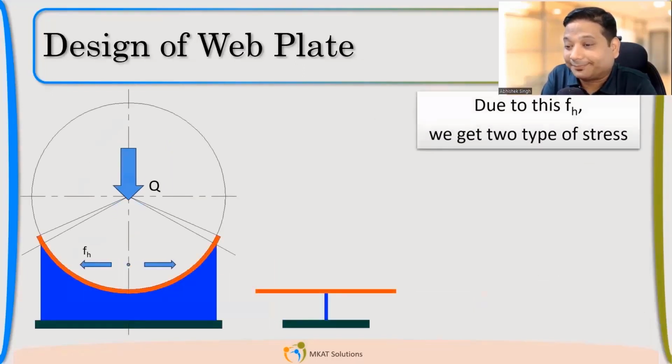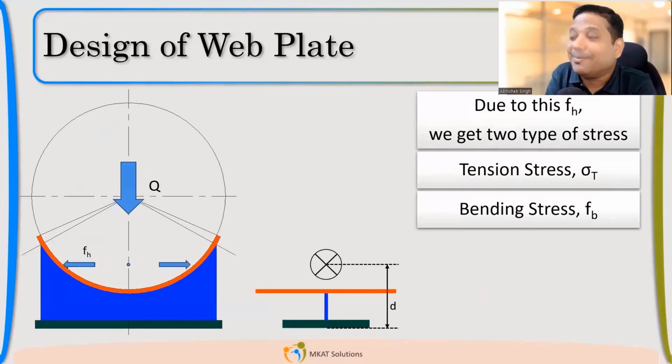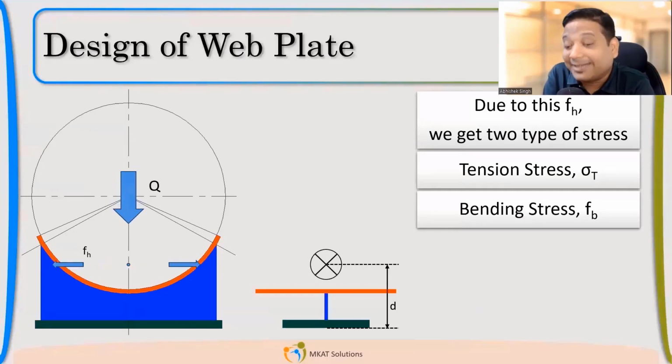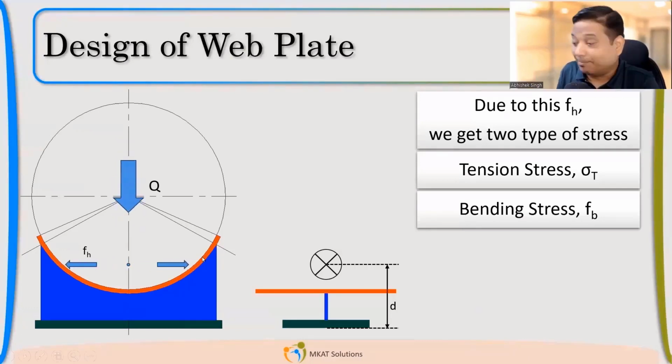Now, first we saw the tensile stress, and definitely you can feel that it's basically shearing because of bending. So bending plus tensile both are acting. So we need to calculate the bending stress also, which will be acting again on the same area. So bending plus tensile, these are the two types of stresses which govern the design of the web plate.